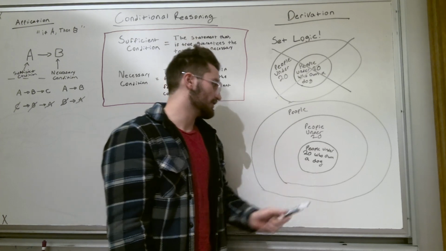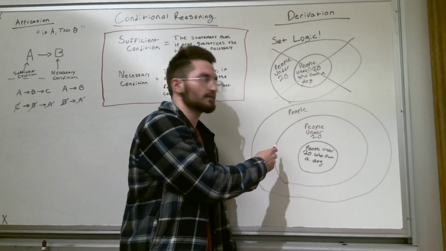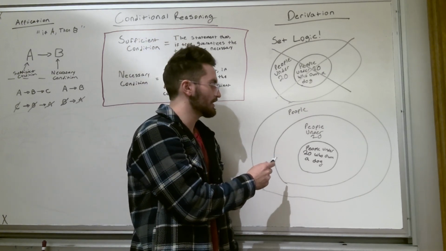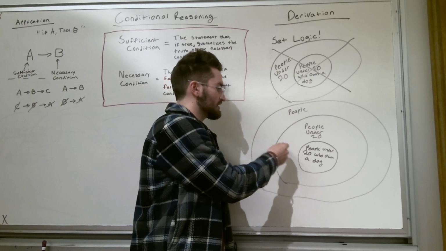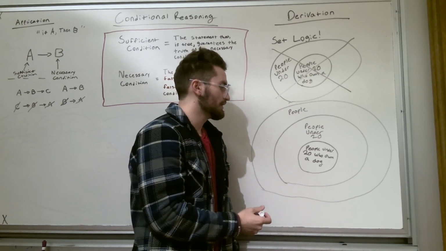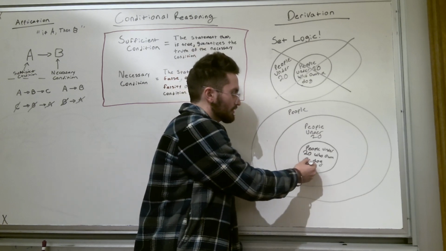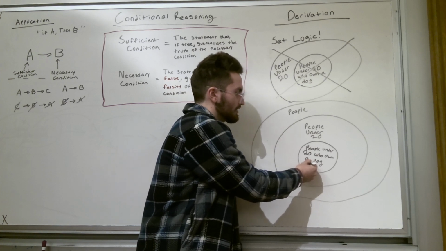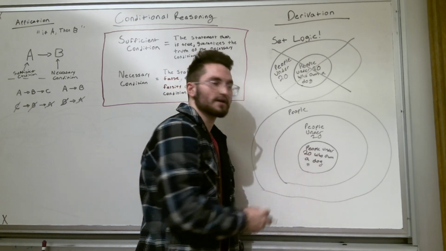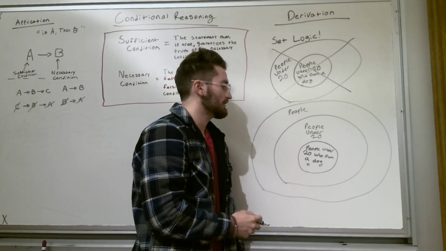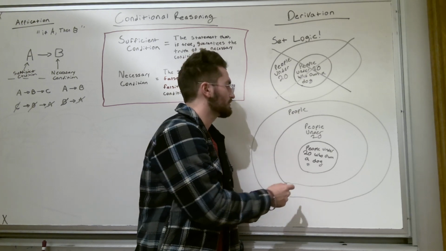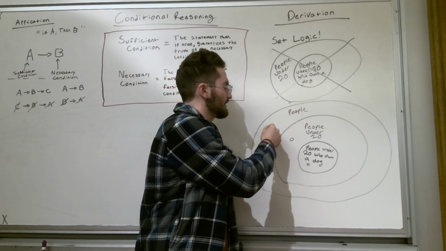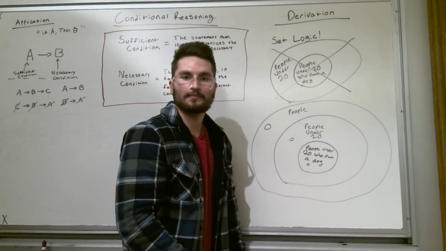Now, likewise, down here, for the chain conditional statement, when we have multiple subsets and supersets, being a member of the subset down here, being a person under 20 who owns a dog, that is sufficient to conclude that you're both a person under 20 and that you're a person in general.